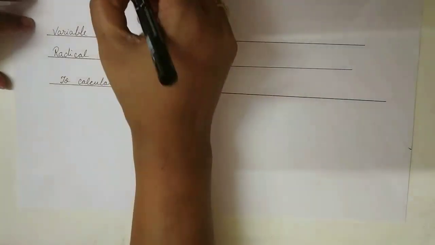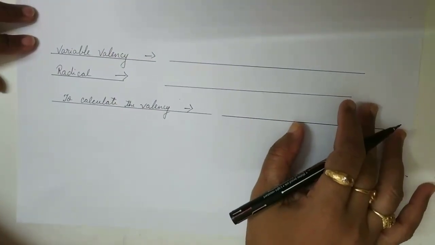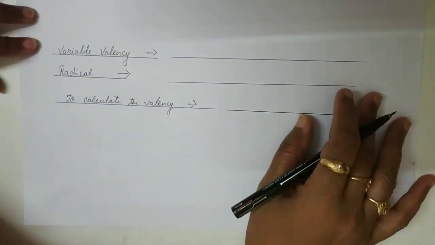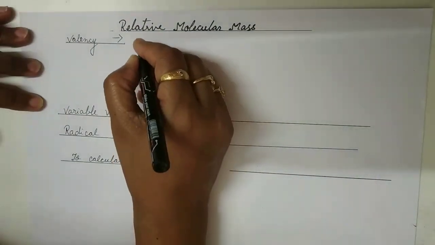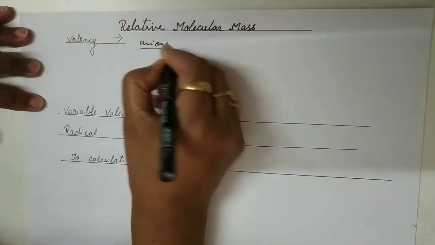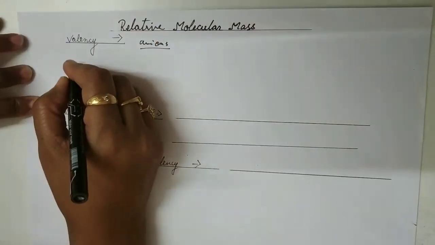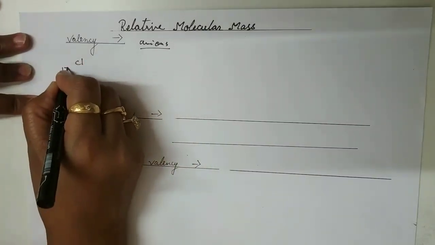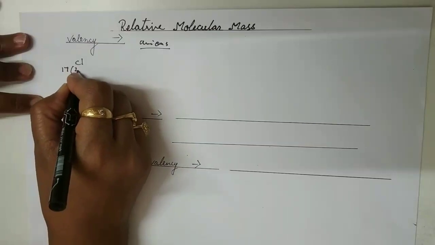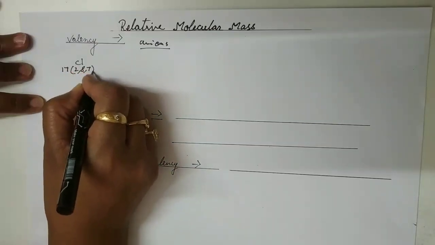If I go to the formation of anions, say I take the example of chlorine, atomic number 17, electronic configuration 2, 8, 7.